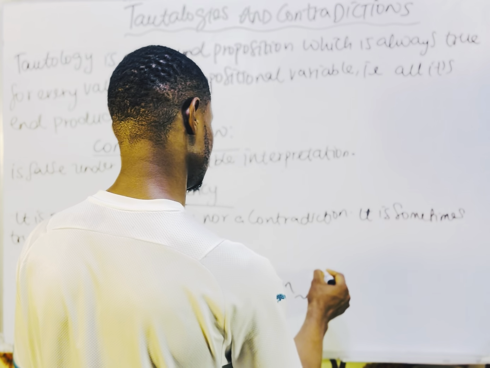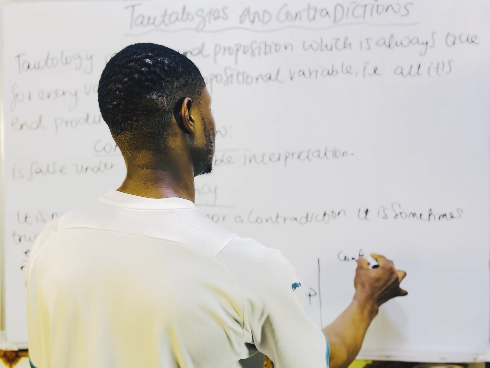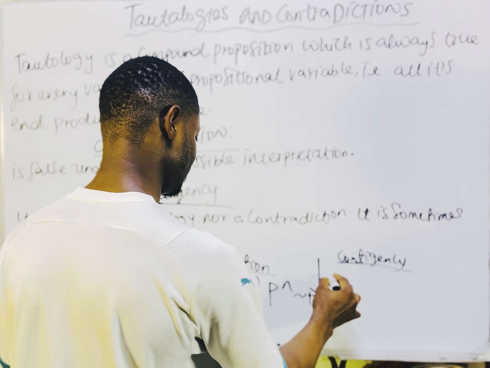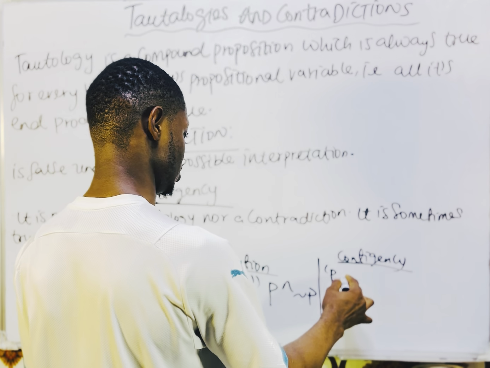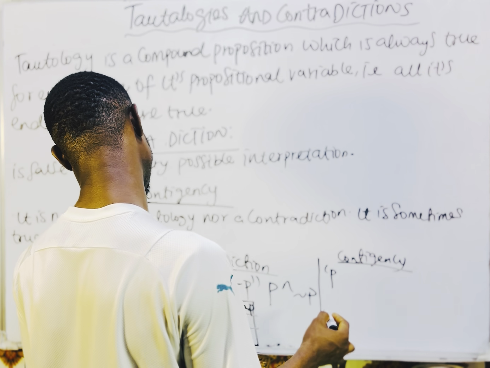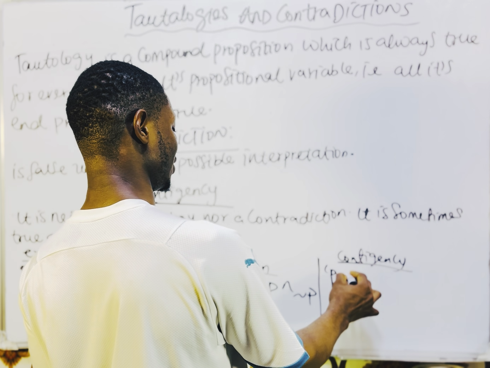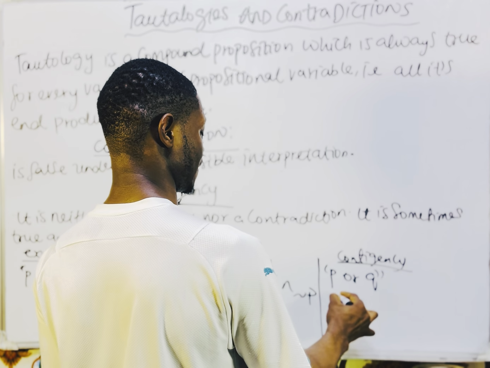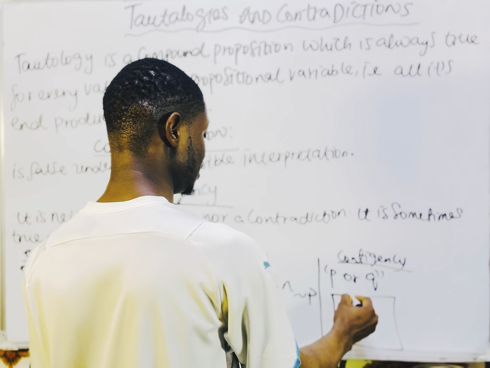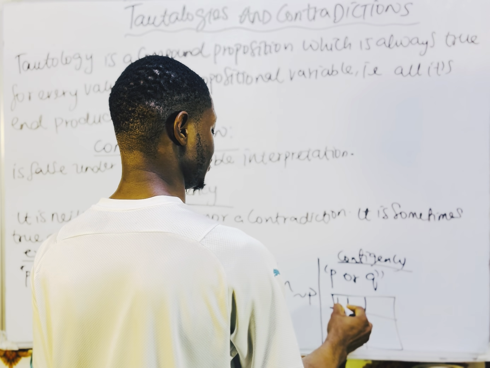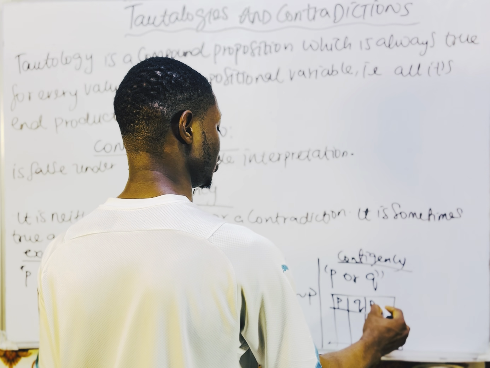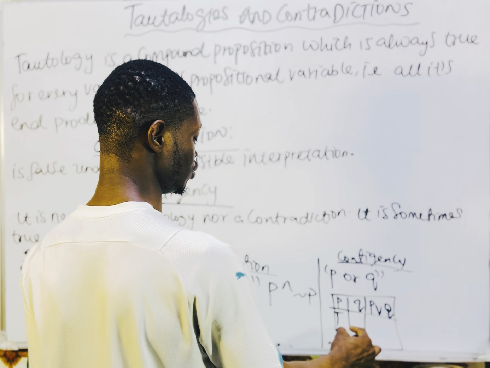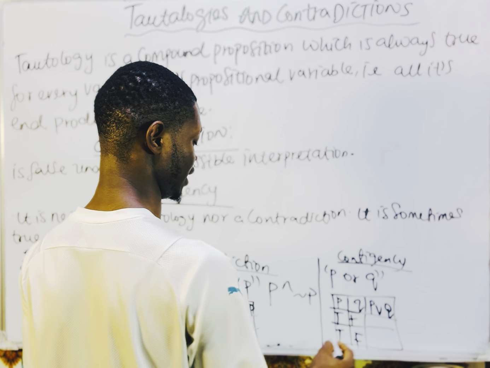Then contingency. Okay, let me do it for contingency. Let me say I'm having P, Q. Let me go for the one that likes tolerating, P or Q. P or Q will be like this: P, Q, P or Q. So if I'm having true, this one will be false, right?